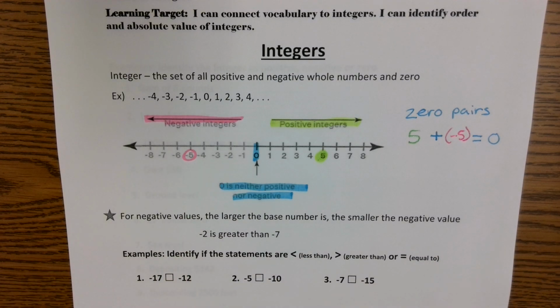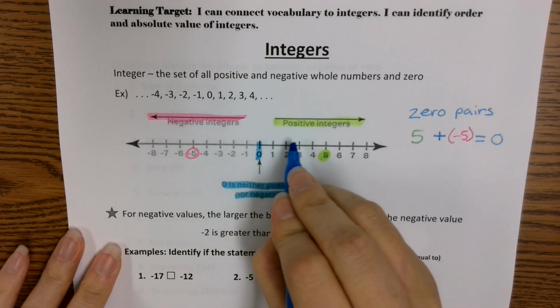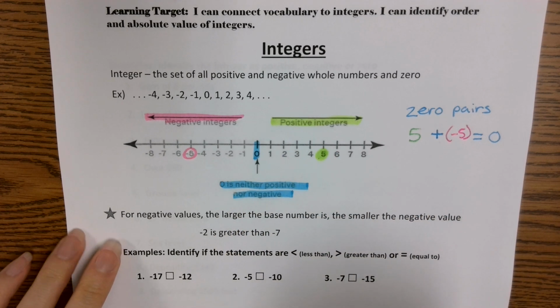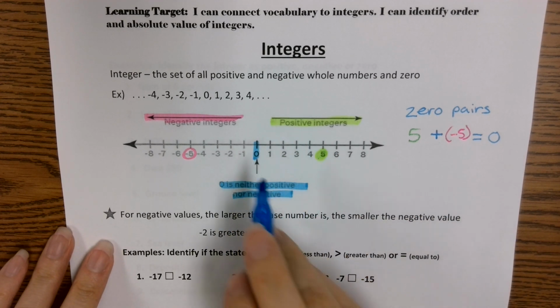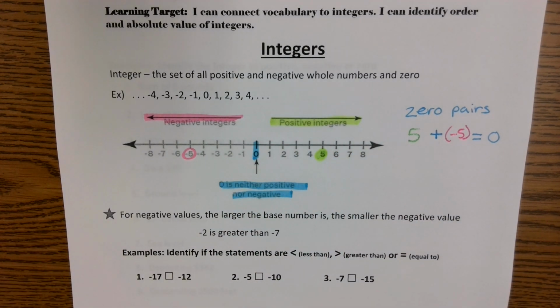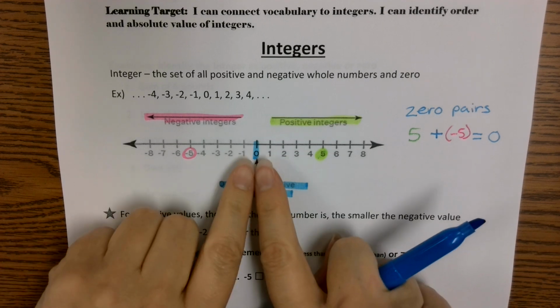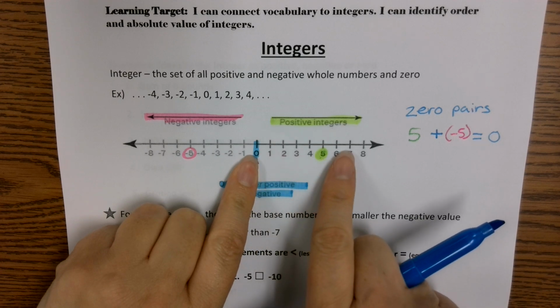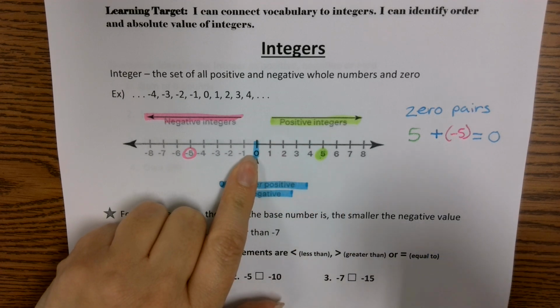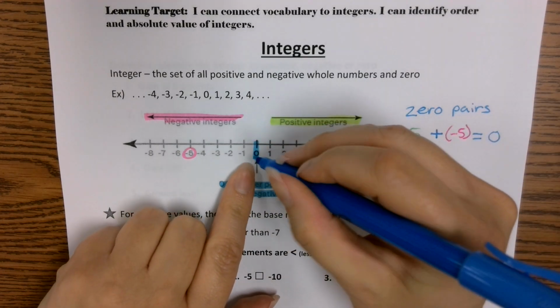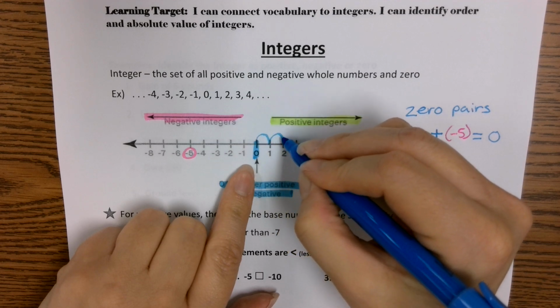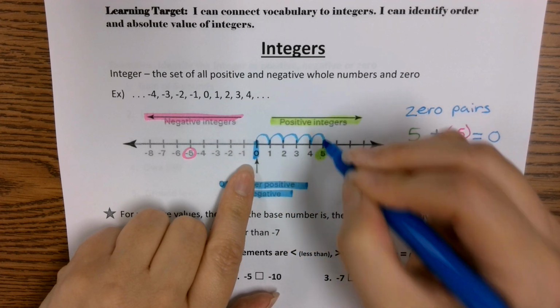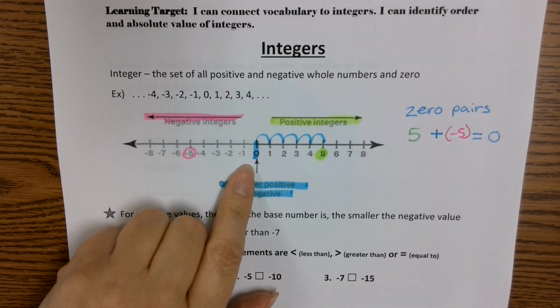If we take a look, 5 is how many spots away from 0? If I start at 0 and I count to 5, how many jumps is it going to take me to get there? 5, right? We're going to go 1, 2, 3, 4, 5 jumps to get to the 5.